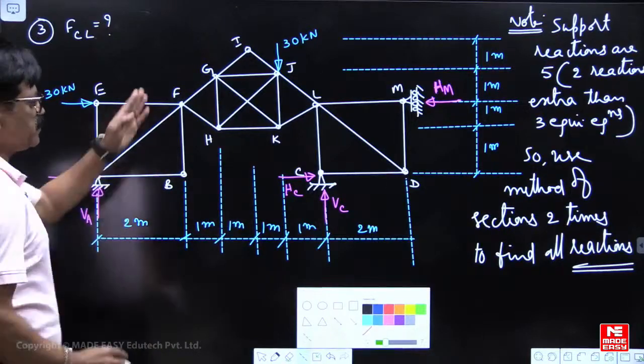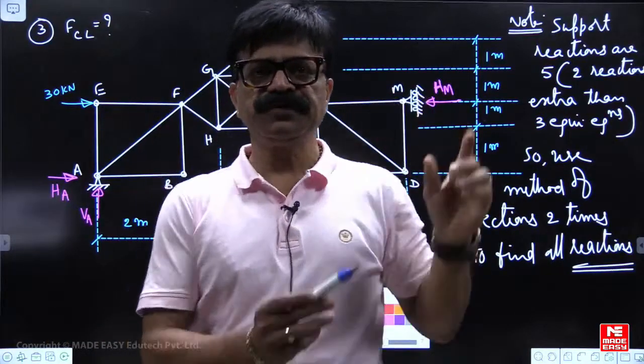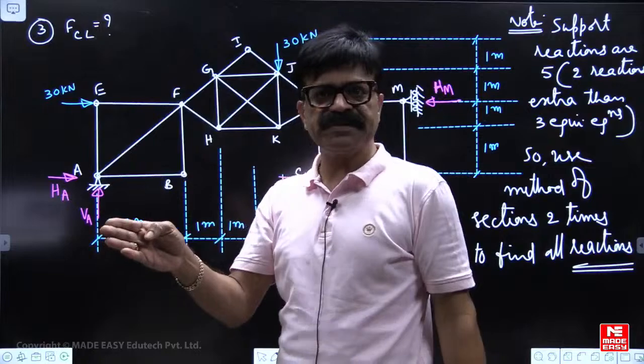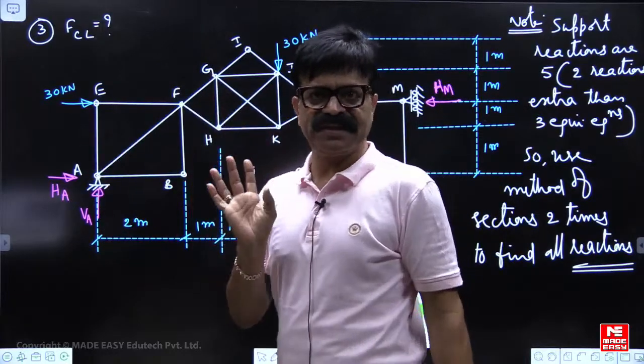VA, HA. As in the first problem I told you, to find the reactions, you must cut the member such that they should not come into picture at all.